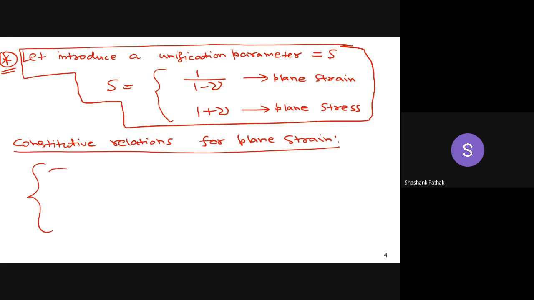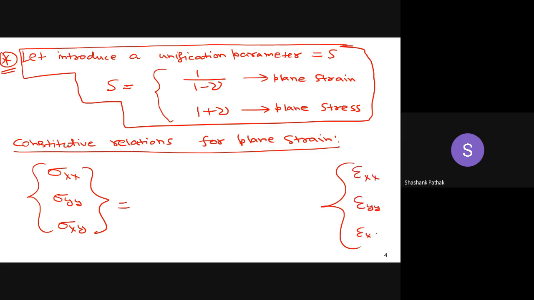So it was something like that: sigma xx, sigma yy, sigma xy, and then something, and here epsilon xx, epsilon yy, and 2 times epsilon xy.